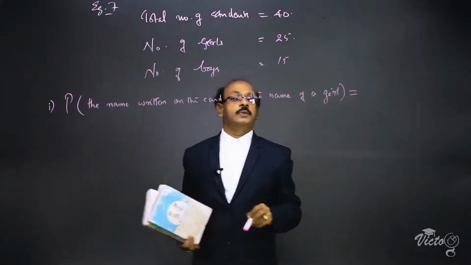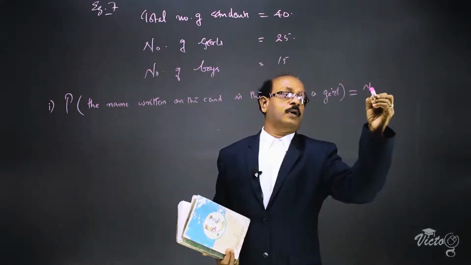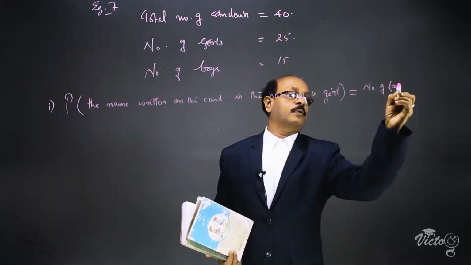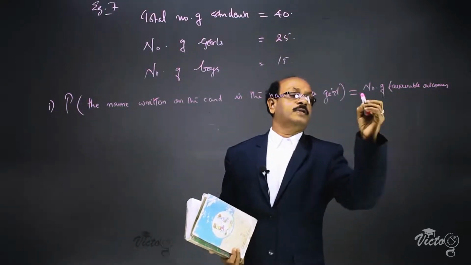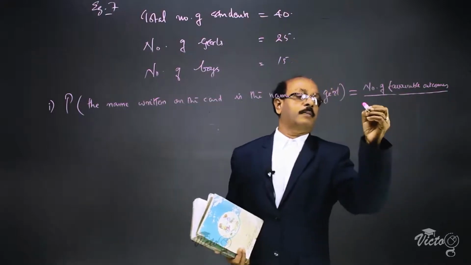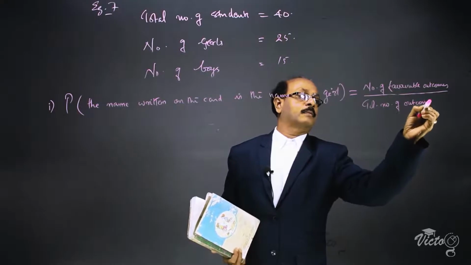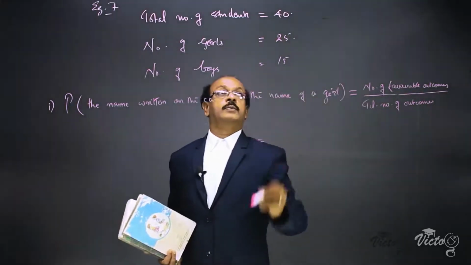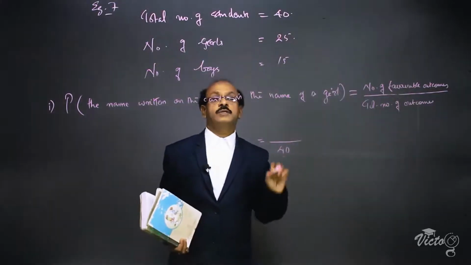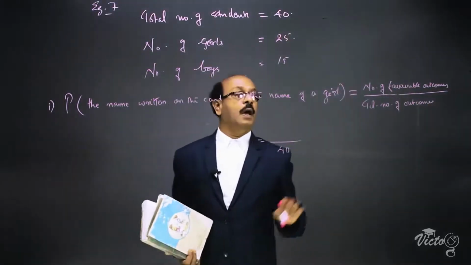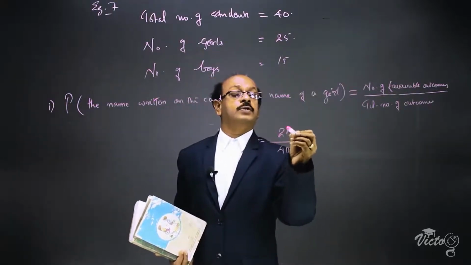This is equal to the formula for finding probability, number of favorable outcomes divided by total number of outcomes. Total number of outcomes means total number of students in the class, which is equal to 40, and the number of girls, the number of favorable outcomes, is equal to 25.